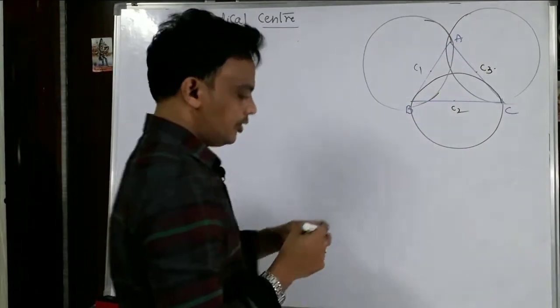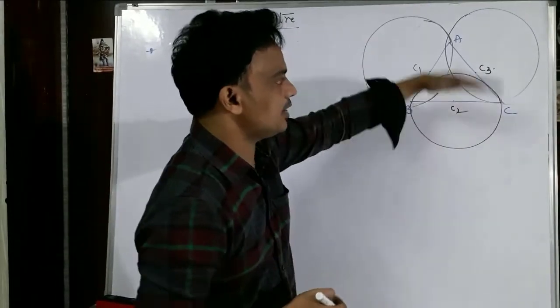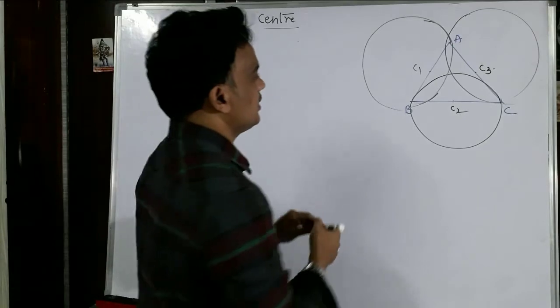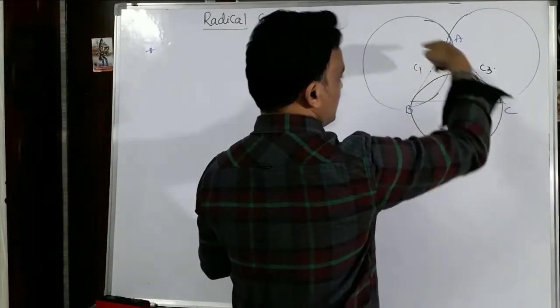So this is how I can draw the three circles whose diameters are the sides of a triangle. All these are intersecting, with radical axes.